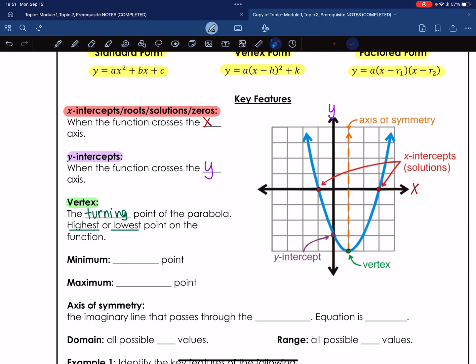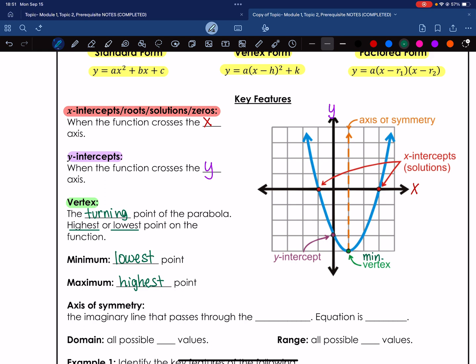The vertex in this picture is the lowest point on the graph because nothing goes below it. When it's the lowest point on the graph, we call that a minimum. When it is the highest point on the graph, we call that a maximum. So in our picture here, we have a minimum, or a min.